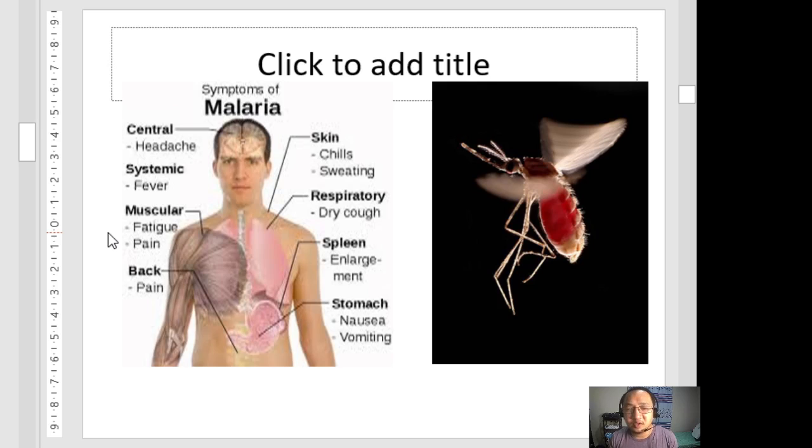And in relation to the GI, the patient experiences nausea, vomiting, back pains, fatigue, bone and muscle pains are usually present, high grade fever, and also headache. And as I mentioned, malaria is to be taken seriously because this is also fatal. So that is our malaria control program in the Philippines.